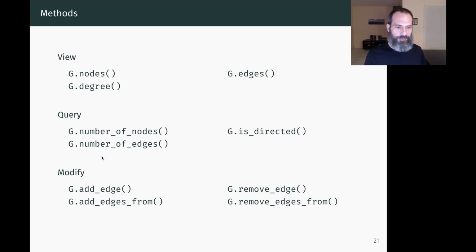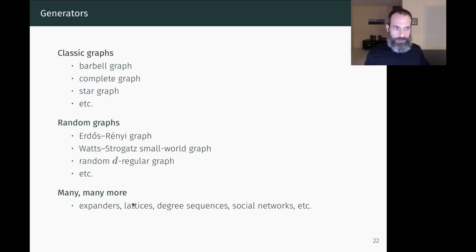And in addition to creating graphs manually by adding edges, we also provide several graph generators. So there are classic graphs like the barbell, the complete graph, the star graph, and many, many more we provide generators for. You typically need to tell these functions how many nodes you want the graph on, and maybe some other parameters you can look up.